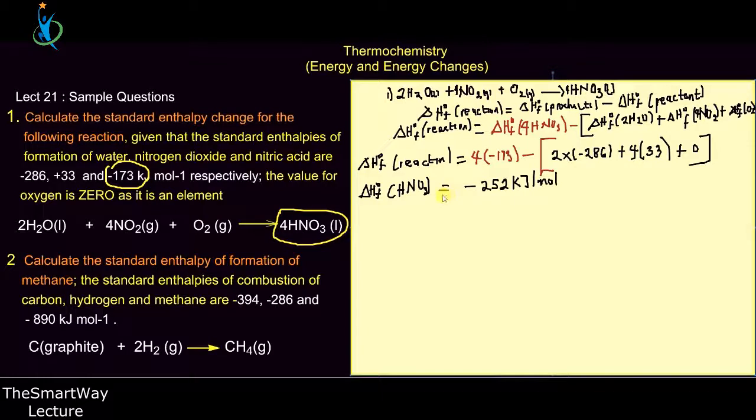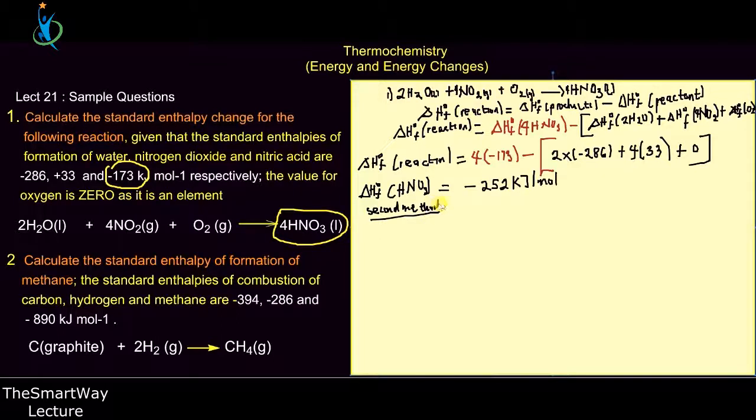Now we can also use what we call Hess's Law. We are also going to use Hess's Law to solve this, and we are going to get the same value. That is the second method. Let's use the second method to solve it, method 2.